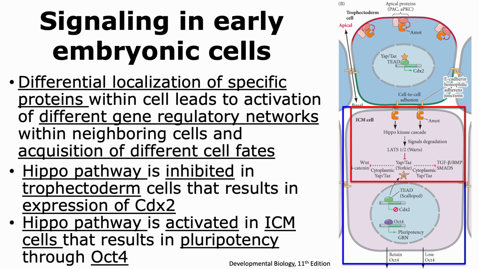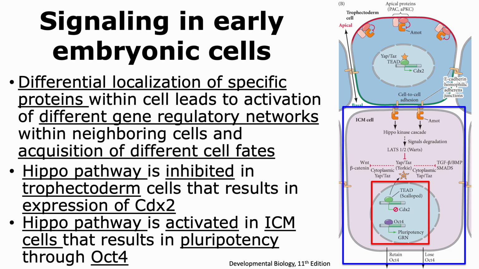Once the Hippo cascade is initiated, what we can see is that YAP/TAZ is going to be degraded or retained in the cytoplasm. And since YAP/TAZ is now not allowed to stay in the nucleus, CDX2 expression does not occur in the ICM cell. What we can also see is there are other transcription factors that are able to make the cell express the protein OCT4.